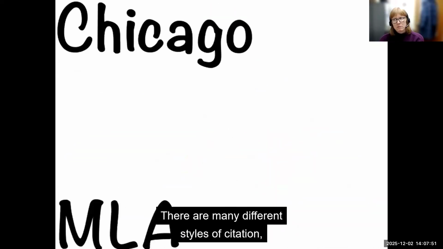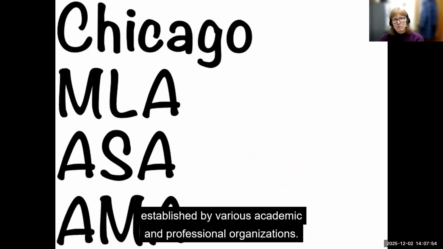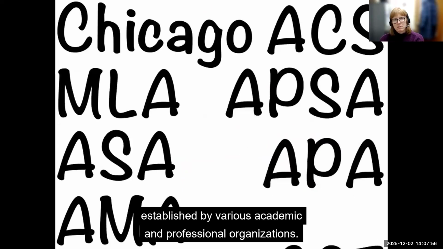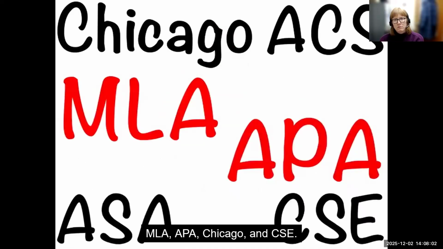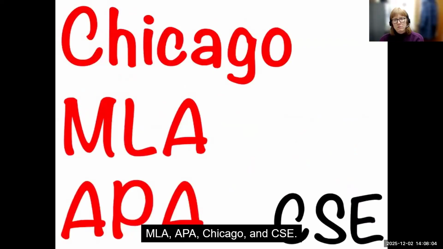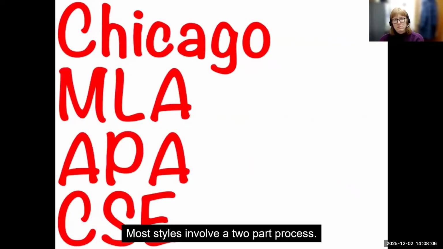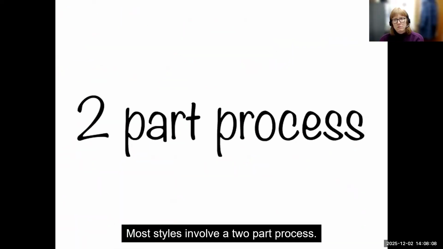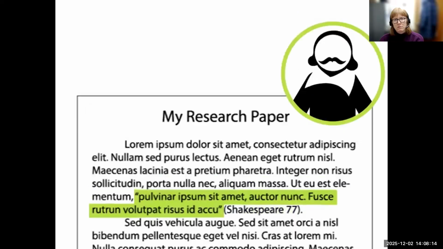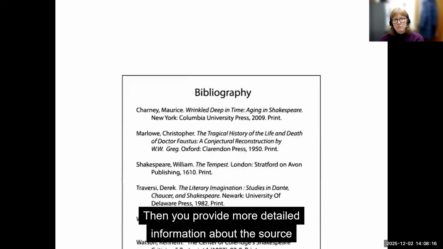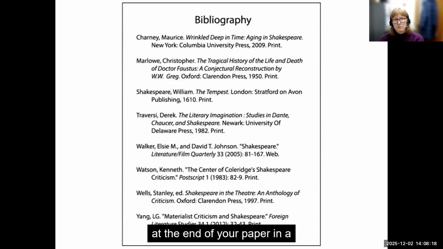There are many different styles of citation established by various academic and professional organizations. The most common styles, however, are MLA, APA, Chicago, and CSE. Most styles involve a two-part process. First, you acknowledge a source with a brief notation after you use it in the body of your paper. Then, you provide more detailed information about the source at the end of your paper in the works cited list or bibliography.